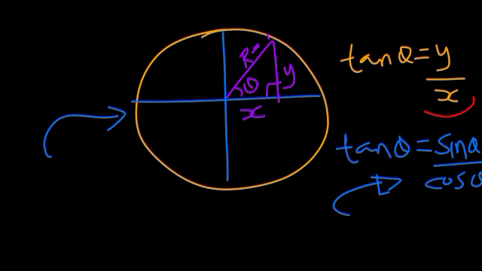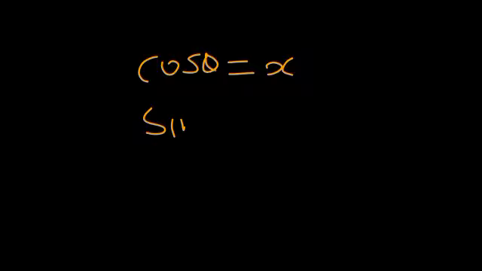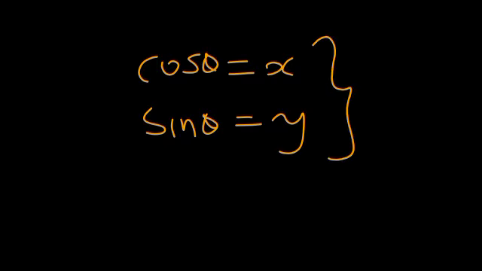So x is representing cos theta and y is representing sin theta. Hope we are moving together. Cos theta is the same as x, and sin theta is the same as y. With this basic knowledge, we can now go and try to answer those questions.